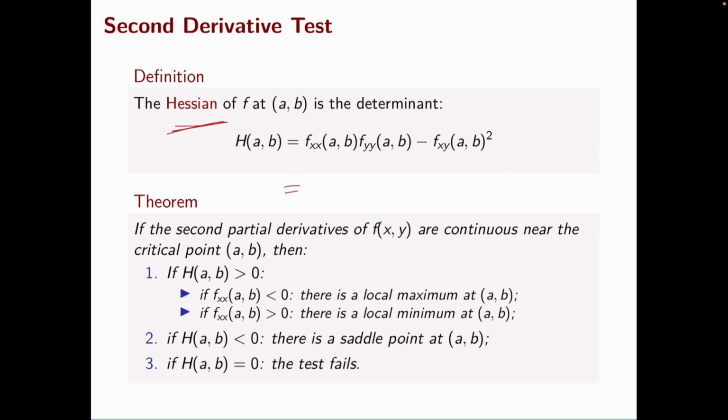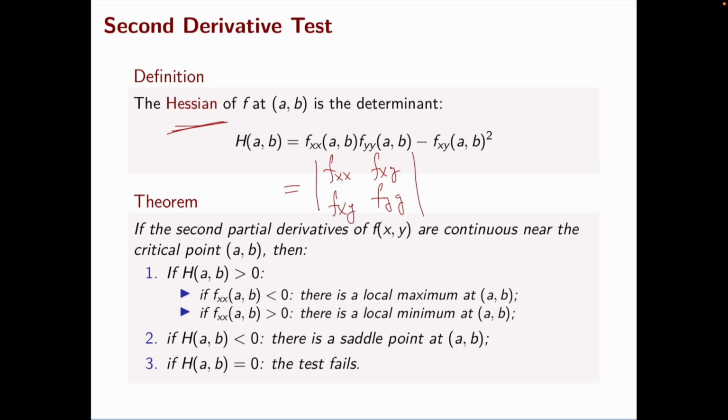The Hessian can be written as a determinant. To remember this formula, put the second derivative with respect to x and with respect to y like this, and in the other two entries we put the mixed derivative, which is the same, right? So we put the same entry there.